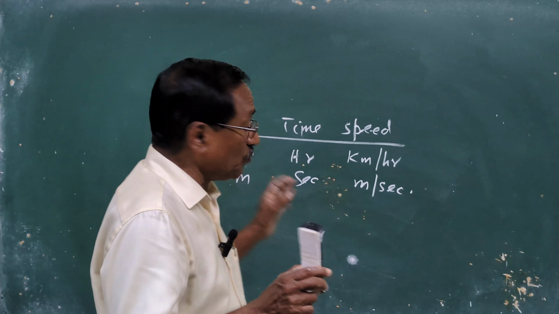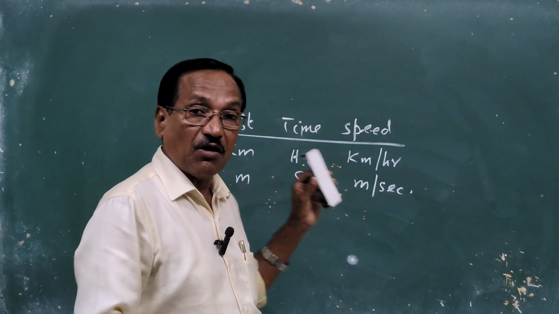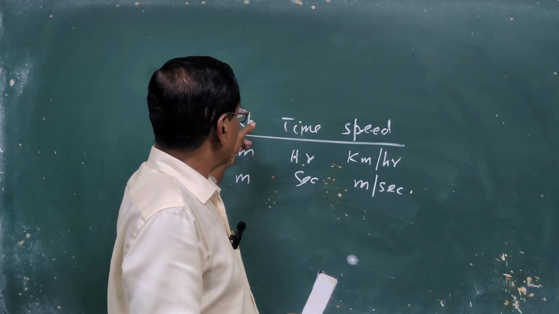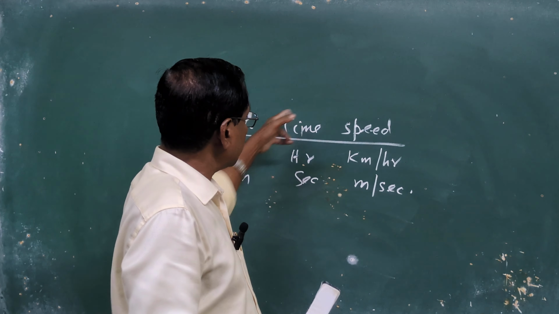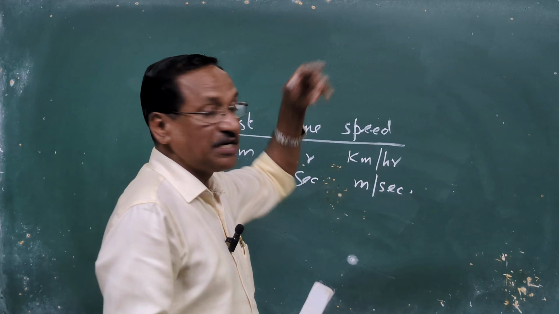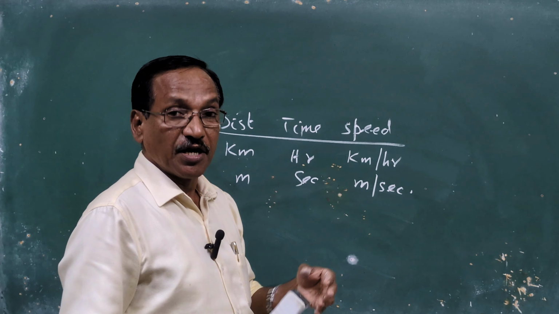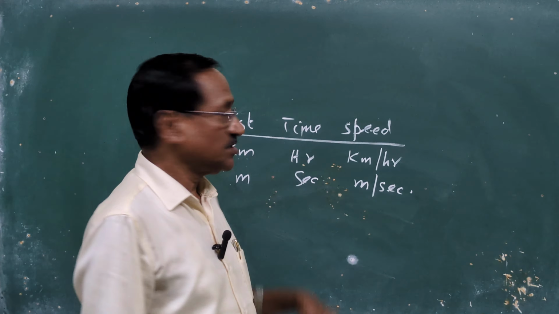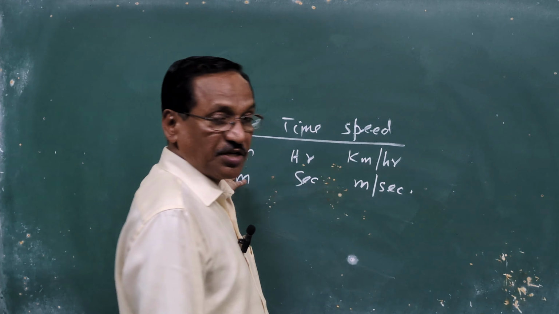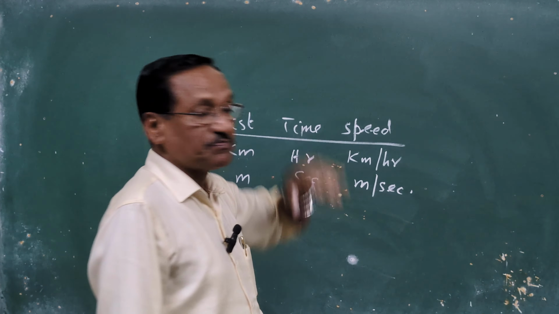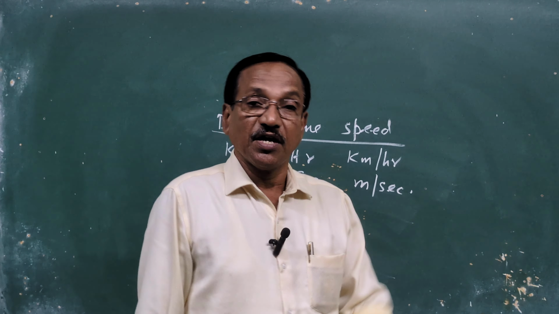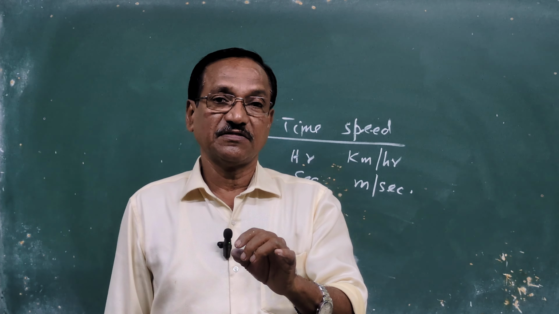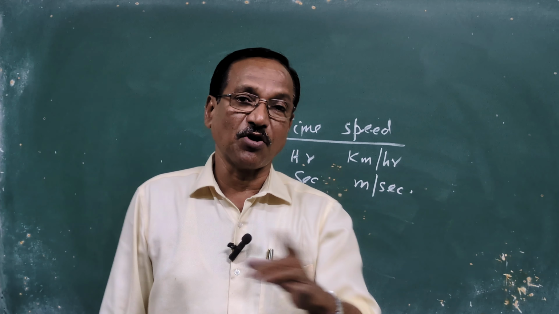The units must be in this form. If the units given in the question are not in this form, that means sometimes distance may be in kilometer, time may be in hour, but the speed may be in meter per second, or in the other way. If it is so, you must convert the unit of the speed to the proper form.